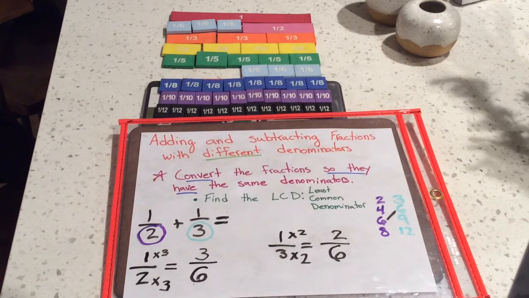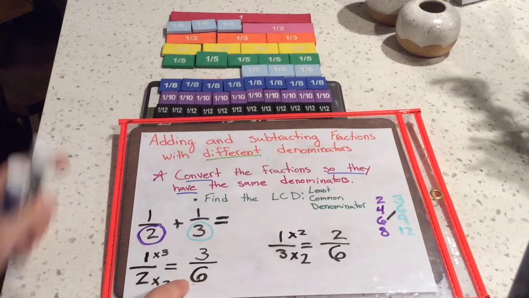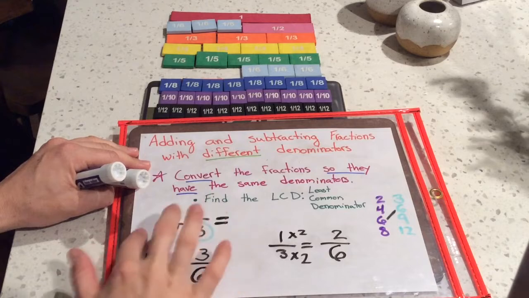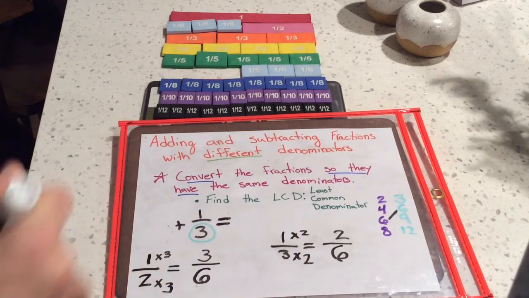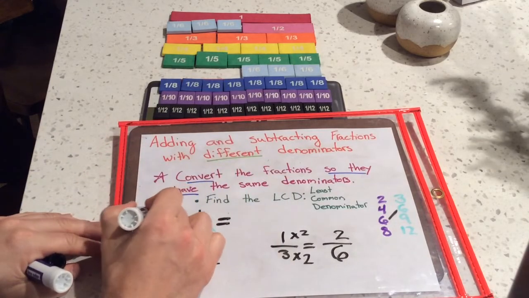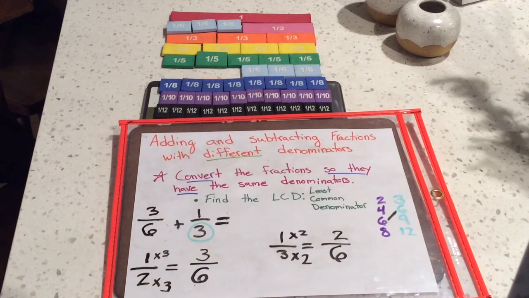So now I'm going to substitute. I'm going to go back to my equation here, and I'm going to change these fractions. So I know that 1/2 is equal to 3/6. And I know that 1/3 is equal to 2/6.